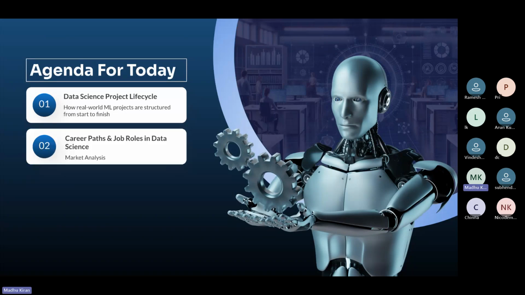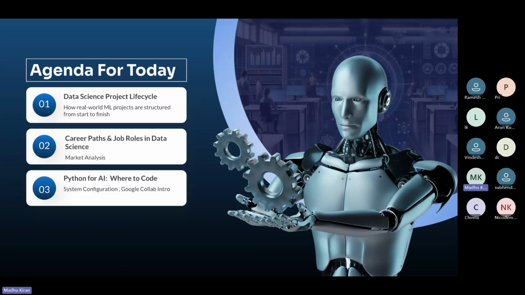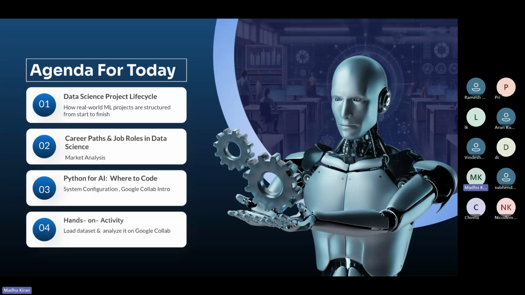Then we'll move to Python and Google Colab, where exactly to do the Python coding, so that you have clarity that this is how we are going to do the coding part in future classes also. And finally, we'll do a hands-on activity: how to load a simple data set, do the data analysis, and draw insights on Google Colab.